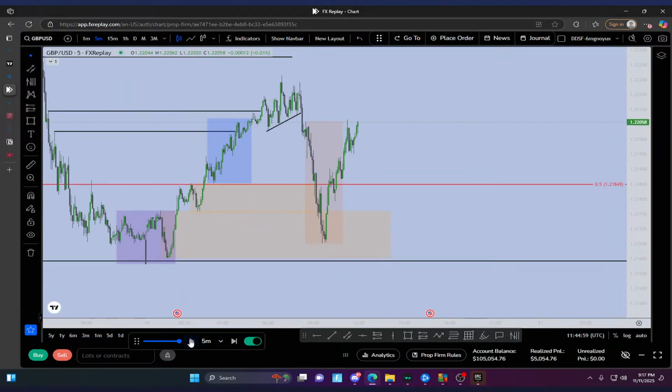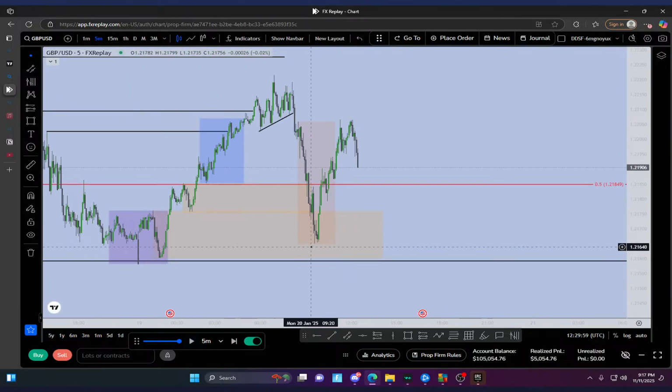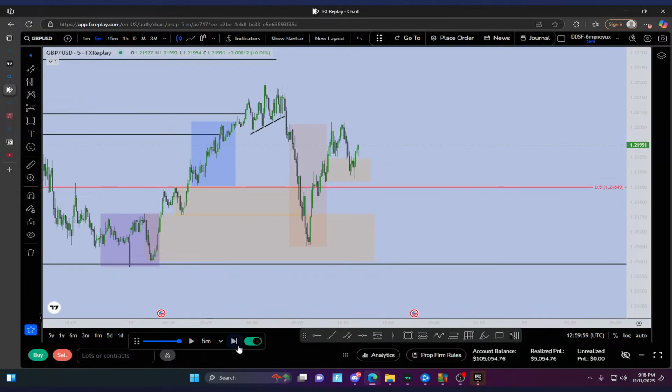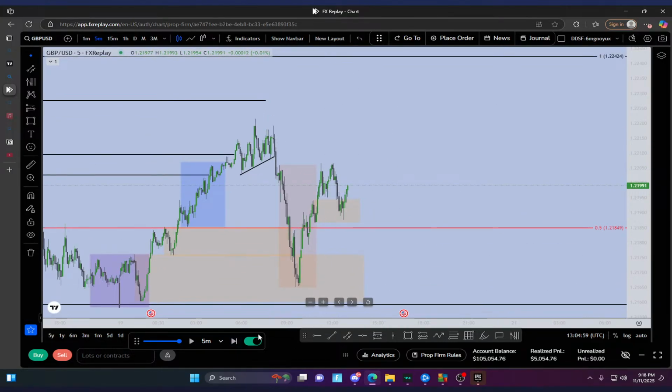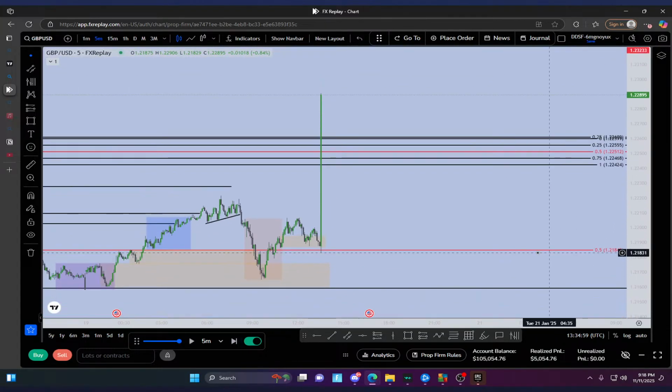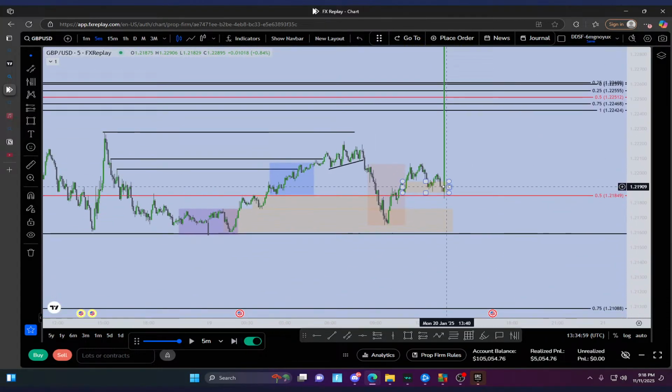Then we shoot it from there. We have a tap into this. Then we have imbalance. And then sweep to shoot all the way up.